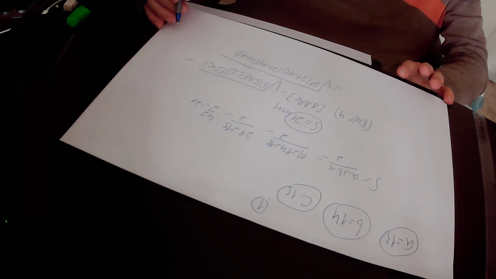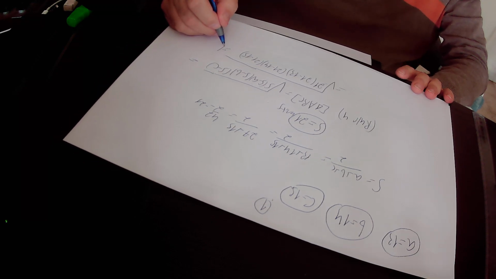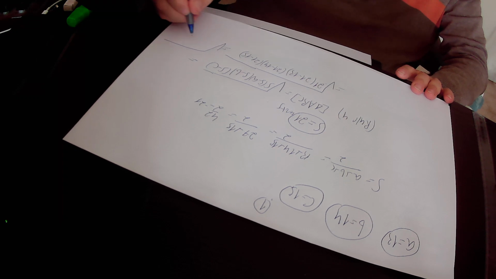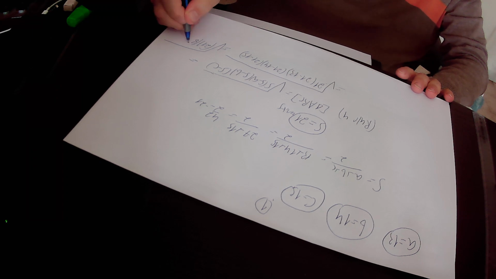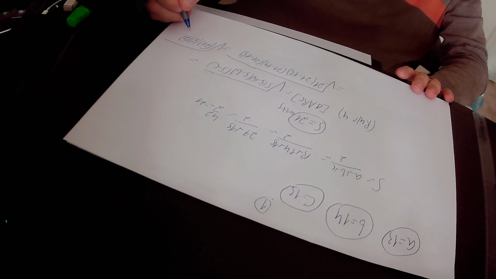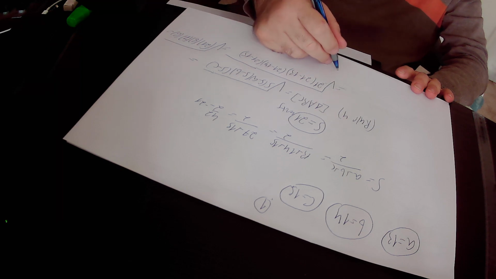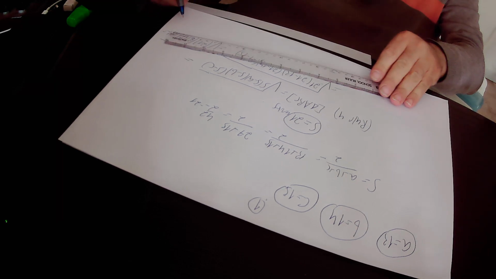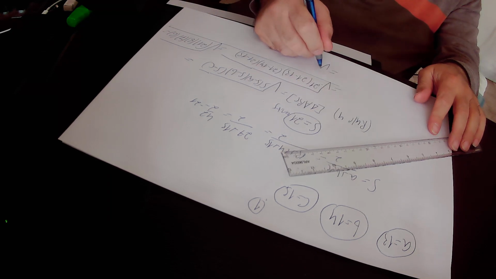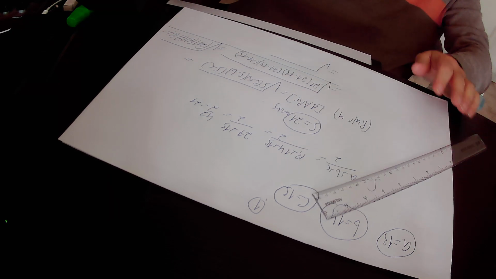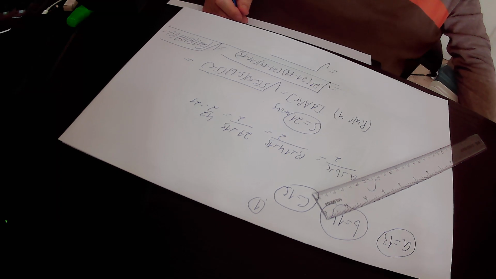So, the area of our triangle ABC is equal to the square root of 21 times 21 minus 13 is 8, times 21 minus 14 is 7, times 21 minus 15 is 6. So the area of our triangle ABC, according to the new rule number 4, is equal to the square root of 21.